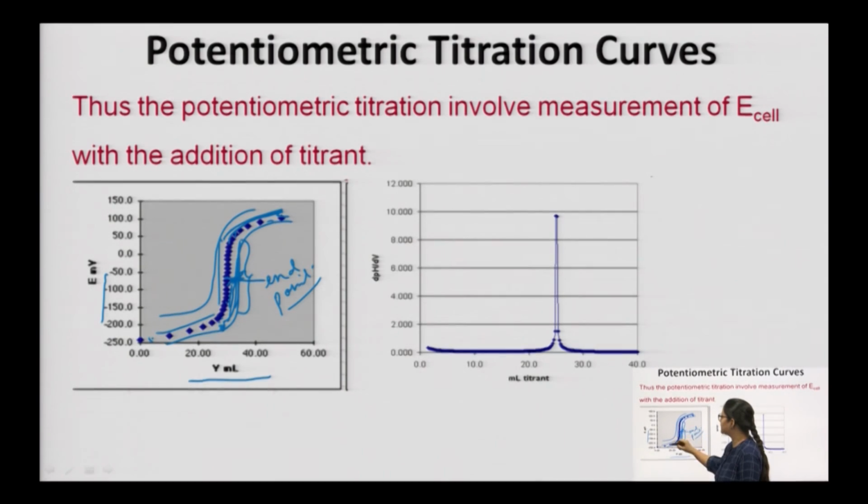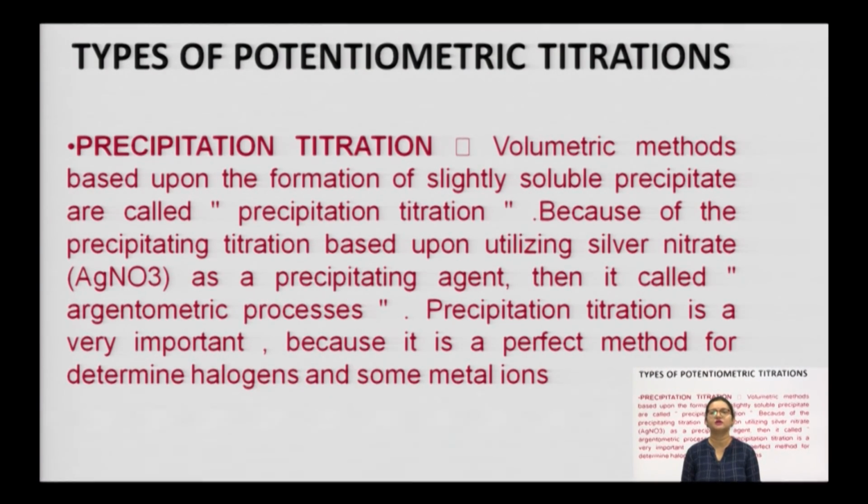These two horizontal lines are the stable regions of titration where the electrode potential changes very slowly, or we can say that analytical concentration changes very slowly. So, this is the way in which we can plot our precipitation curve, precipitation graph.